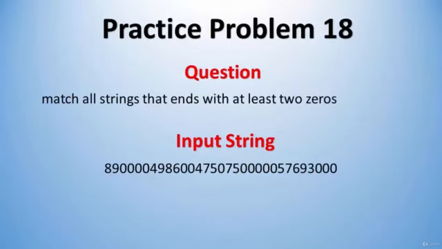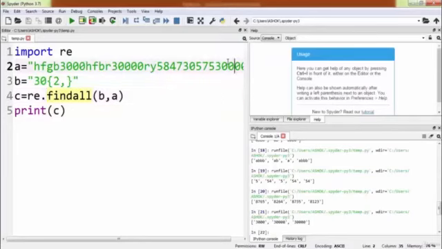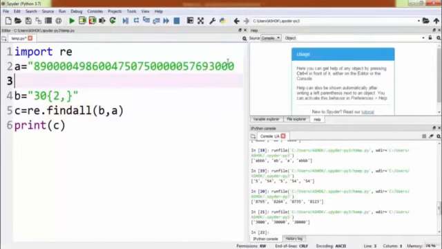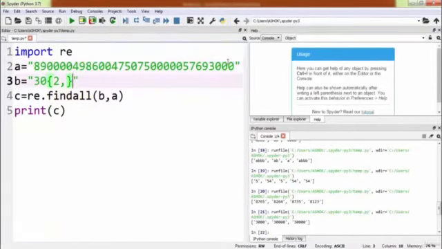The next question is we must match all the strings which end with at least two zeros. So it should end with at least two zeros. For that the ending is 0 followed by {2,}.